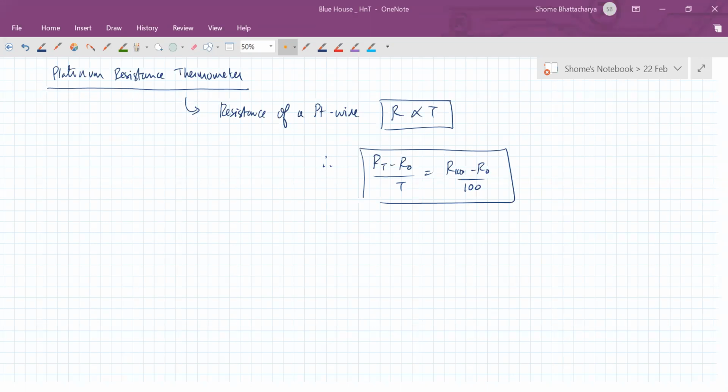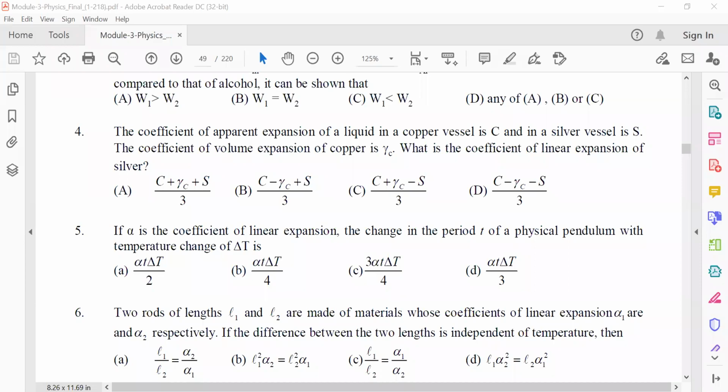Okay, so I'm going to start with a question from thermal expansion. This is from your module exercise. Start with this question, question number 4.